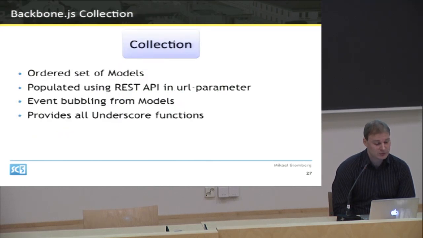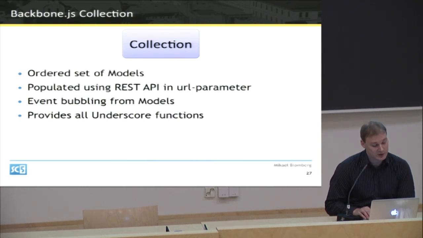And then we have a collection. It's an ordered set of models. It's ordered because you can define how it's ordered. And you use the same REST API as Oiva showed to you 2 weeks ago, and that's a way to populate the collection.